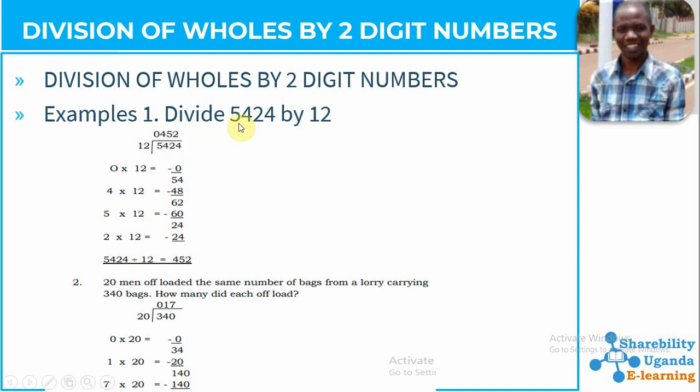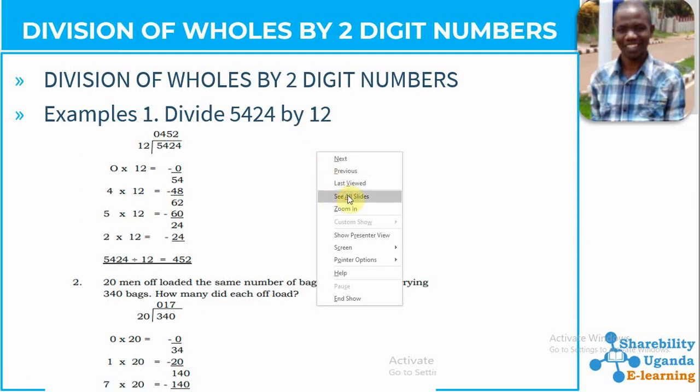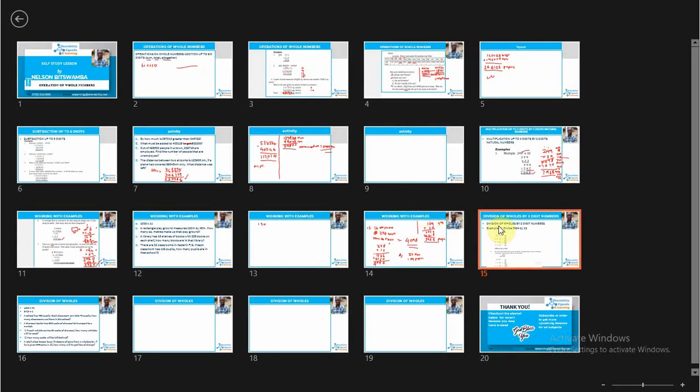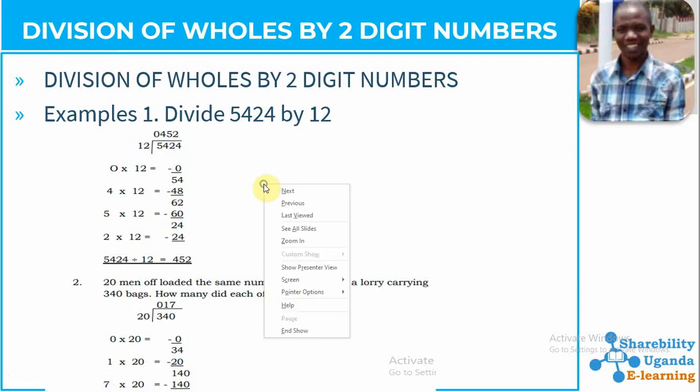They are saying divide 5,424 by 12. That is the number that they want us to divide out. So for us to be able to get the number which is required here, without even using a calculator, we can get that number using a step-by-step method.